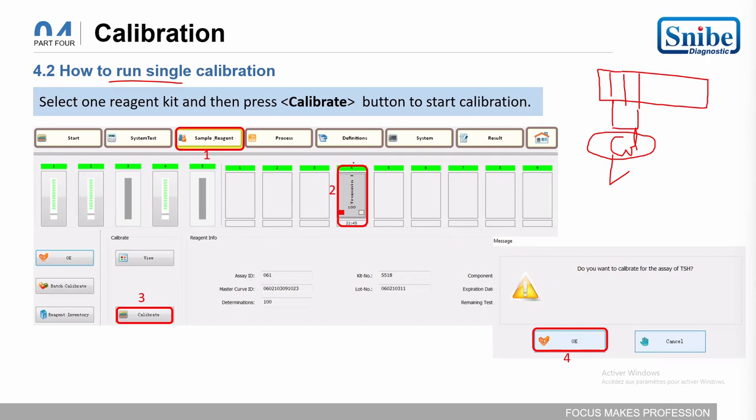You just click when you decide to calibrate. You know that the calibrators are already included in the reagent kit and inside the analyzer. So you just enter the sample and reagent interface, select the parameter you want to calibrate, click calibrate, and then confirm. Click OK, and the calibration will start. It takes a few seconds to run the calibration in Maglumi analyzers.